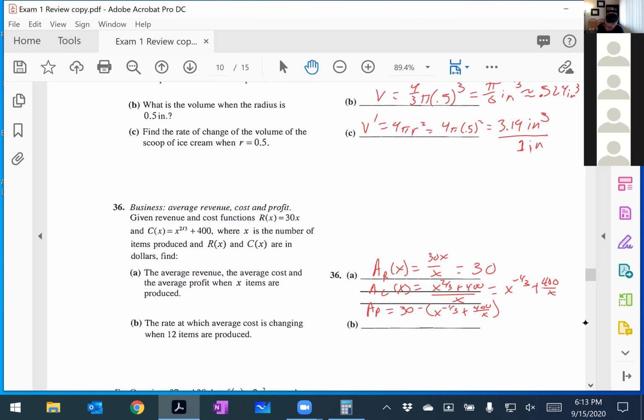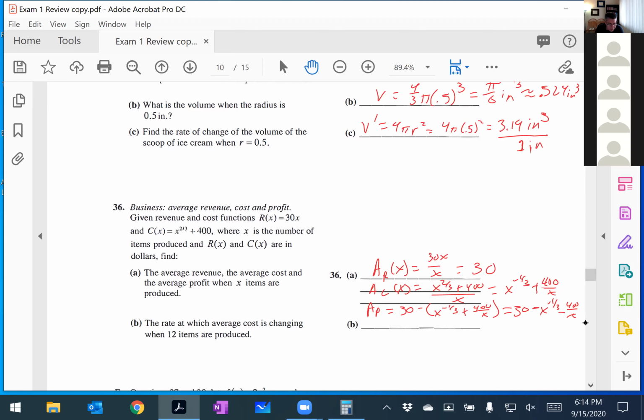If we distribute the negative sign, we go 30 minus x to the negative 1/3 minus 400 over x. So that's the average profit.